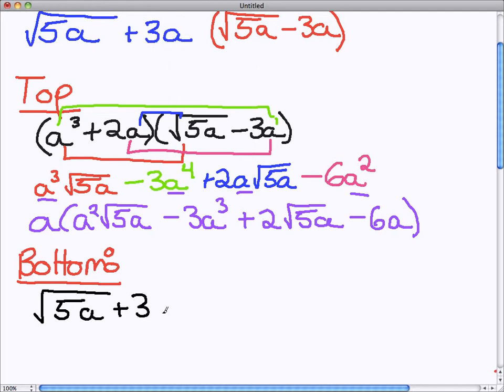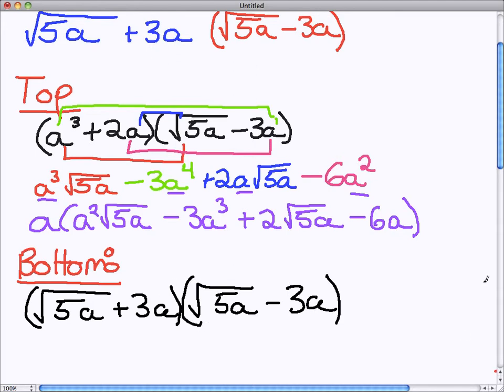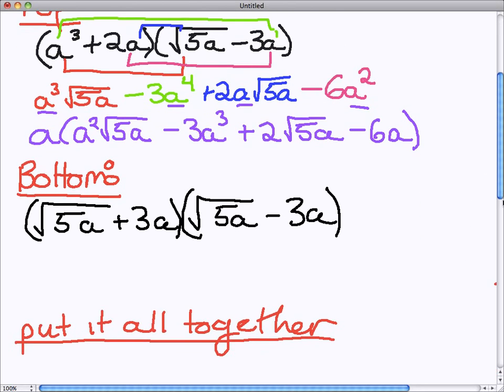Okay, let's take a look at the bottom, and then we're going to put it all together. You'll see why we like the conjugate as we multiply out the bottom. Let's take a stab at multiplying the bottom using our FOIL method. First times first, and remember, a square root times a square root makes the root go away, so we just have 5a.